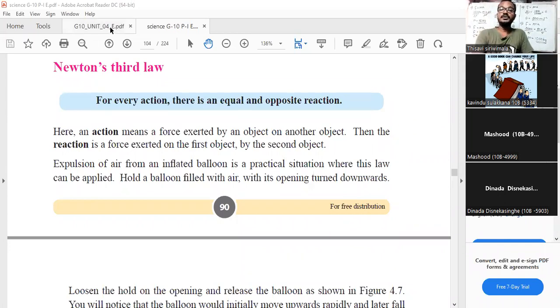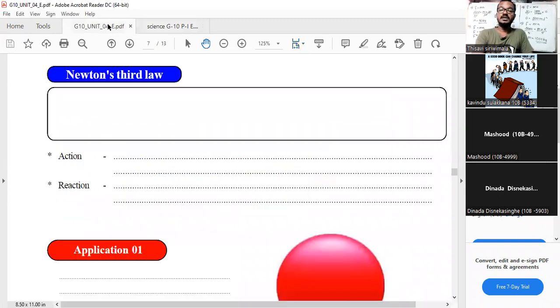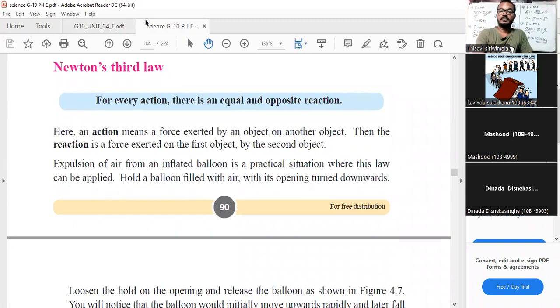But now in your tute, there are two words, action and reaction. For action, you can write like this. In front of that action on a dotted line, you can write within this one.